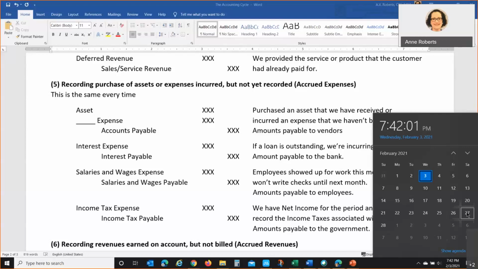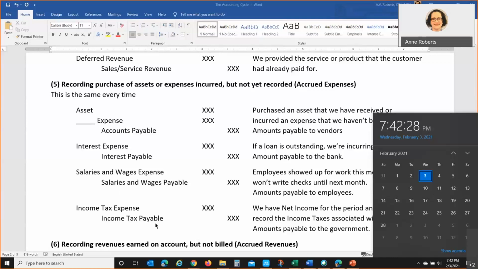Everybody showed up for work in February, but we're not going to pay them till March. We've got to get that payroll and salaries expense recorded in February. If we wait until the day that we pay it, it's going to go in March, and it belongs in February. That's what we're doing here.